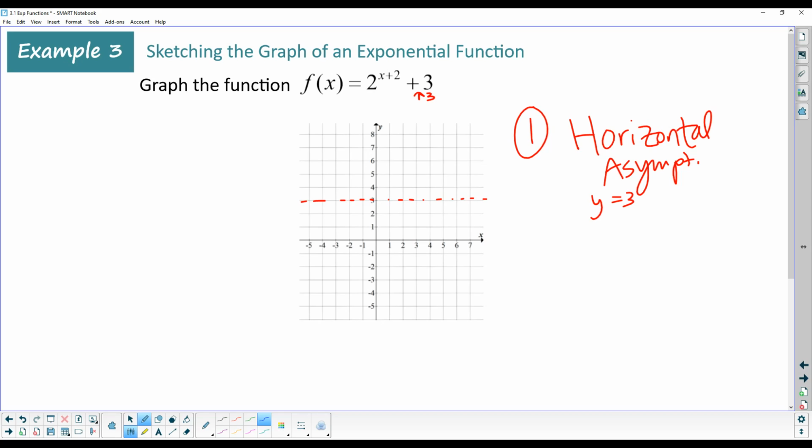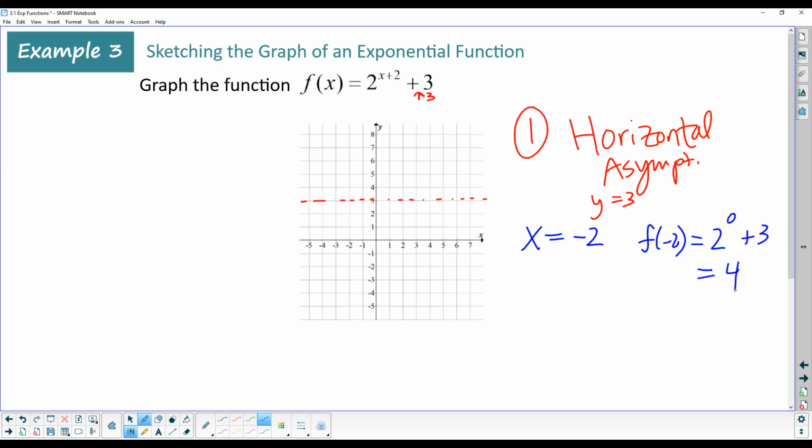With these, it's hard. I usually do try to pick the x value that makes the exponent 0. So I would pick x equals -2. Then f of -2 is 2 to the 0 power plus 3, which is 4. 2 to the 0 power is 1.